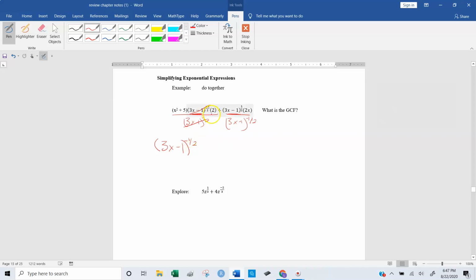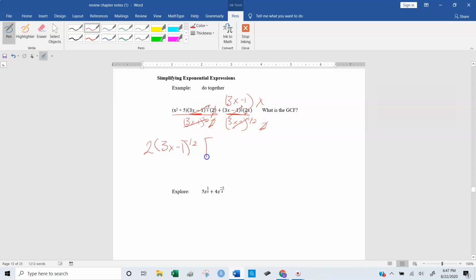Now, if we look here, I have a 2 in common on both of these, so I need to take that 2 out. So I'm going to divide by the 2, and he's going to be gone, and he's going to be gone. This actually became 3x minus 1 to the 1st power. Well, the 2 is going to cancel, but that x is going to stay. All right, I've got a little bit of mess here.